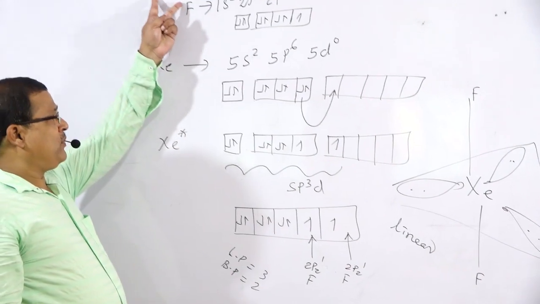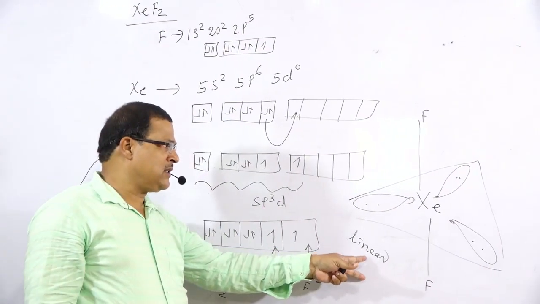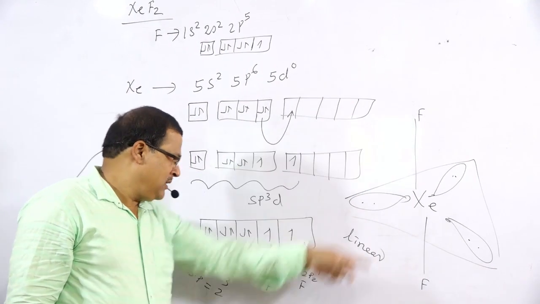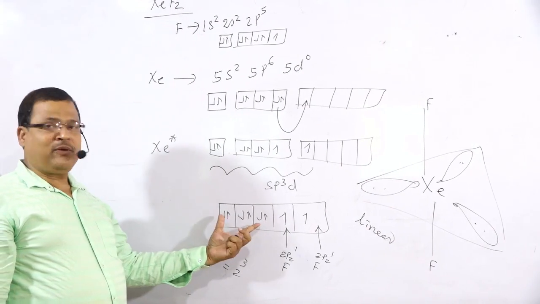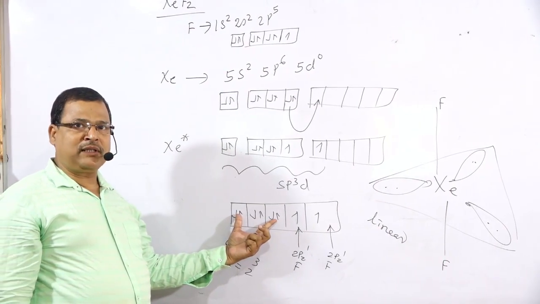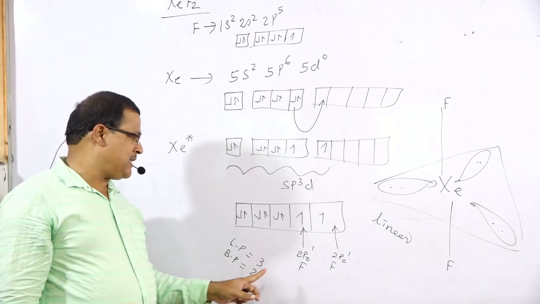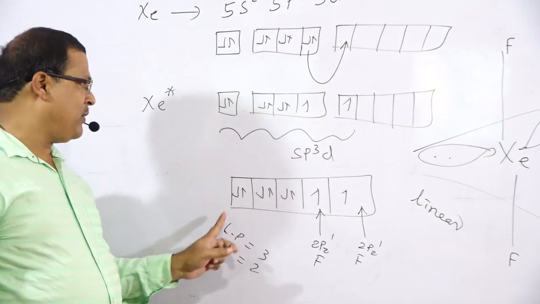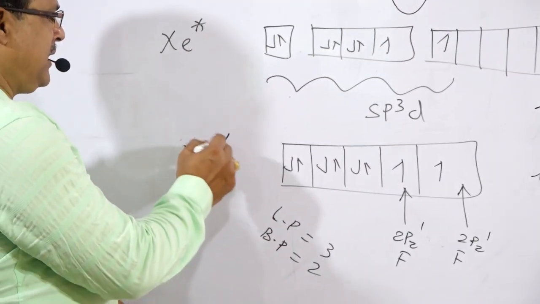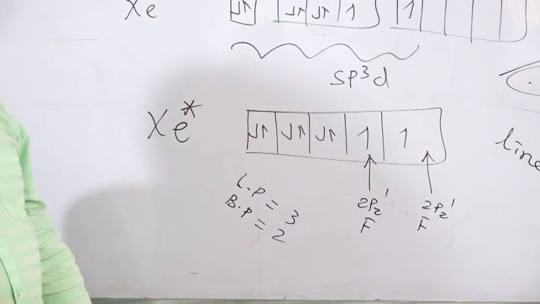Xenon difluoride, sp3d hybridization, has a linear structure with 3 lone pairs of electrons. These are pairs of electrons not taking part in bond formation. The 2 unpaired electrons in the hybrid orbitals are responsible for the formation of bonds with fluorine to form xenon difluoride.